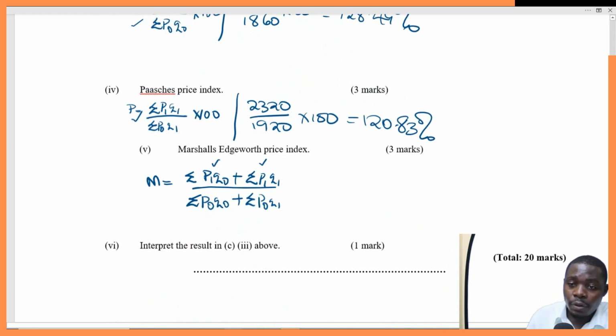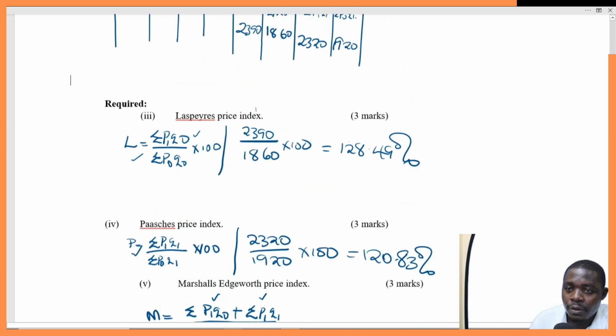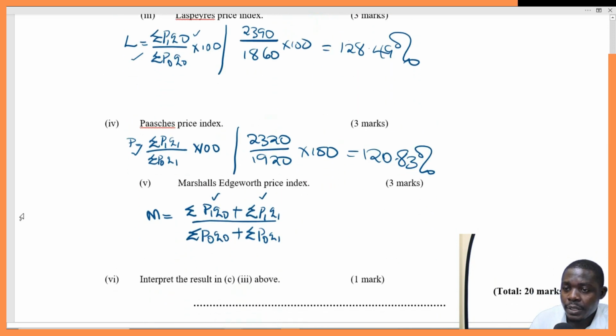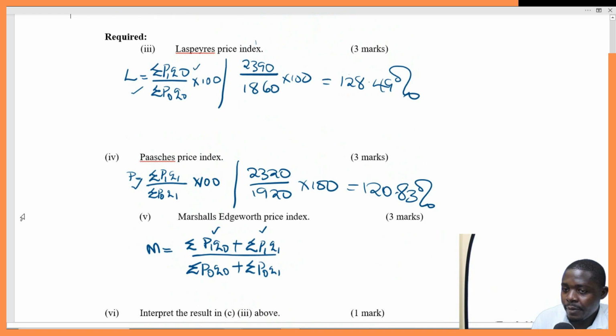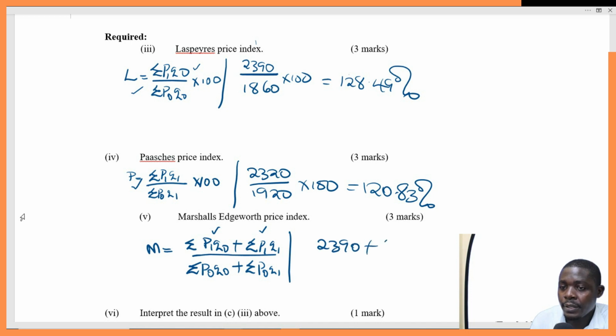Then lastly, Marshall Edgeworth. We are taking the figures we got for P1 Q0. We just remember them. We have 2390 plus 2320. We divide by 1860 plus 1920.